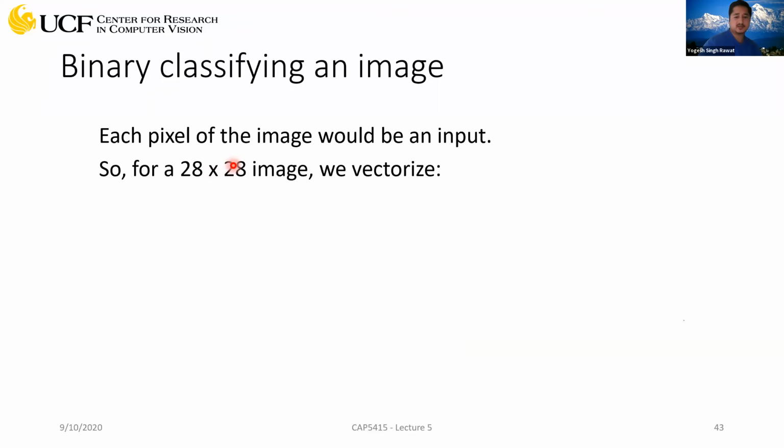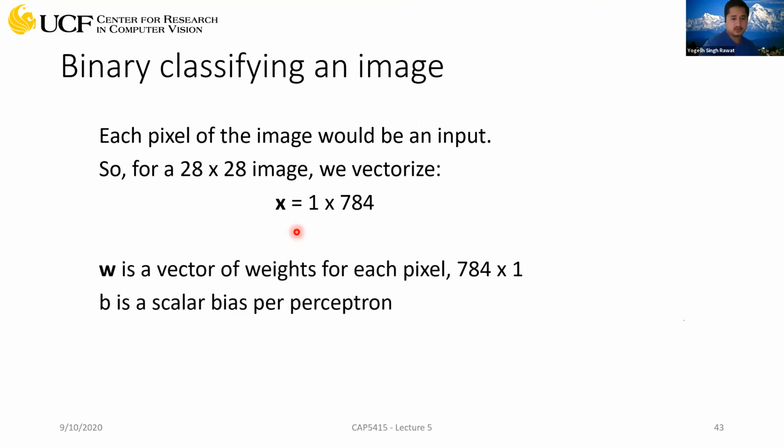So total number of pixels will be 784, and you can create a matrix which will be 1 cross 784. So this is your input. Now you need weights for these. For each pixel, you will need a weight, and therefore your weight matrix will be 784 cross 1, or you can also say that you will have a vector of dimension 784.